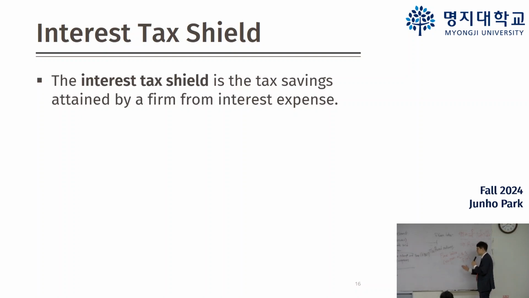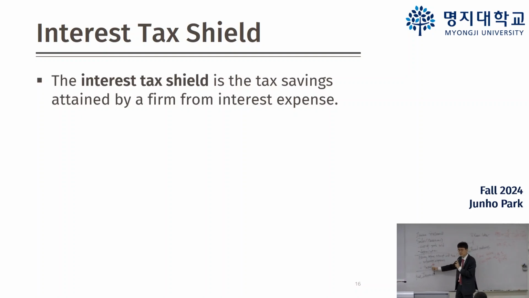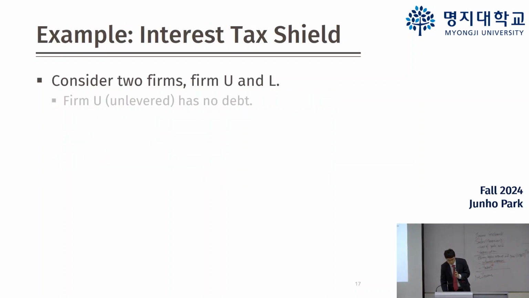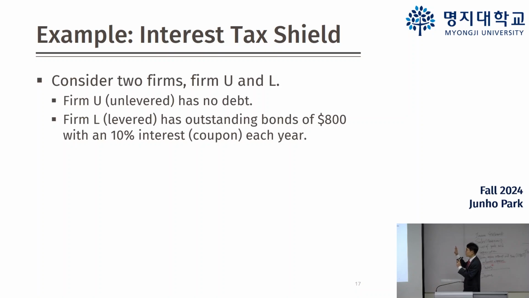In this kind of calculation, you should pay attention to the fact that before the calculation of taxes, you always subtract interest expenses first. So it makes a huge difference. Let me give you an example here. There are two similar companies.